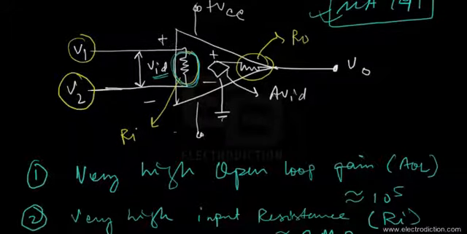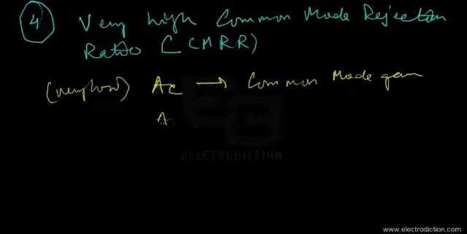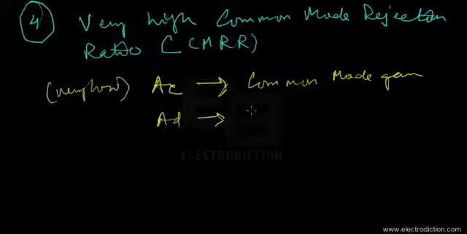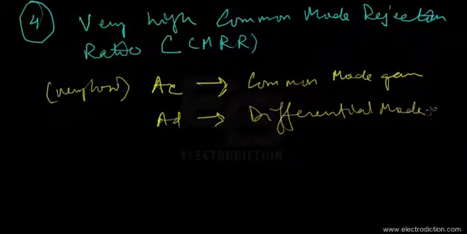I'll call this the differential mode gain, and the symbol AD would denote the differential mode gain.